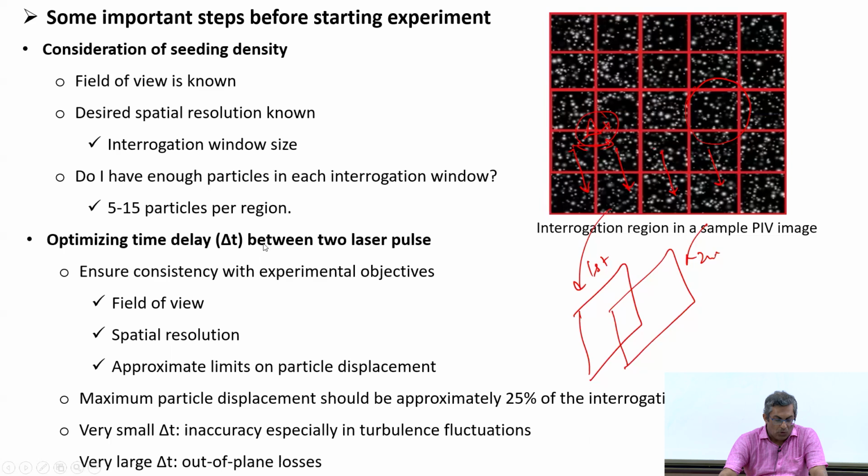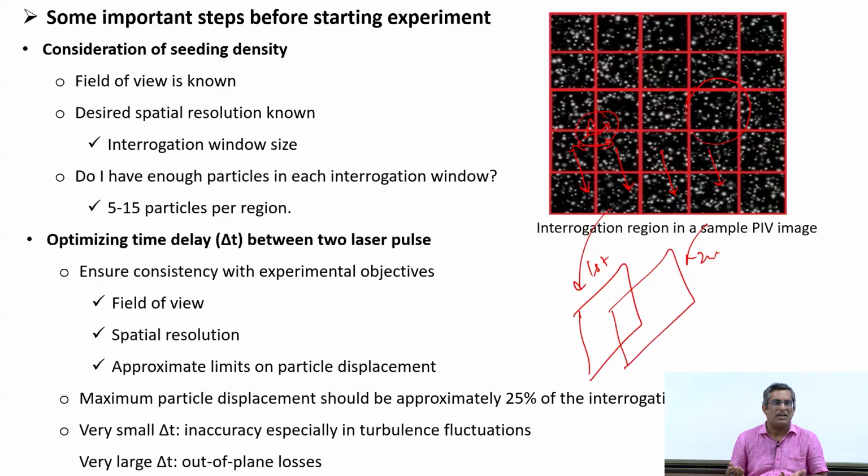And also we need to optimize the time delay between the two laser pulses. If the time delay is too short, what will happen? You will not see movement of the particles. The particles will not move. Then you will not be able to capture the movement correctly because of the uncertainties. It will be buried in the uncertainty.